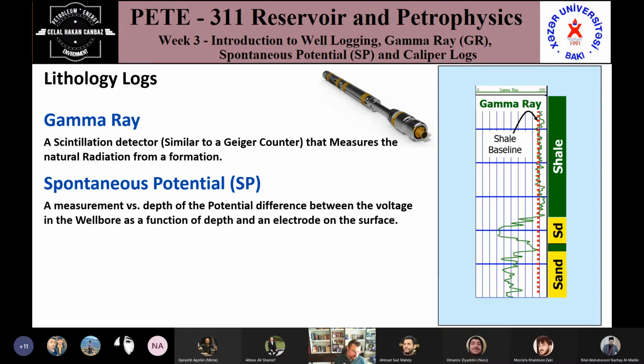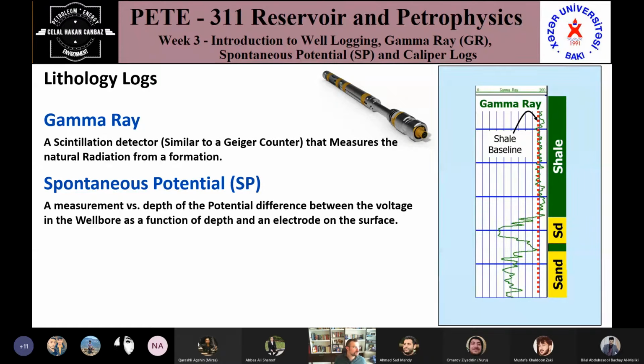We know the limitations. Because of that, when you make your reading from your gamma ray, you can understand that it's sand or it's shale. This is crucial. Because of that, it is one of the most used lithology logs, the gamma ray one, and spontaneous potential is also used to make a cross check on this one.